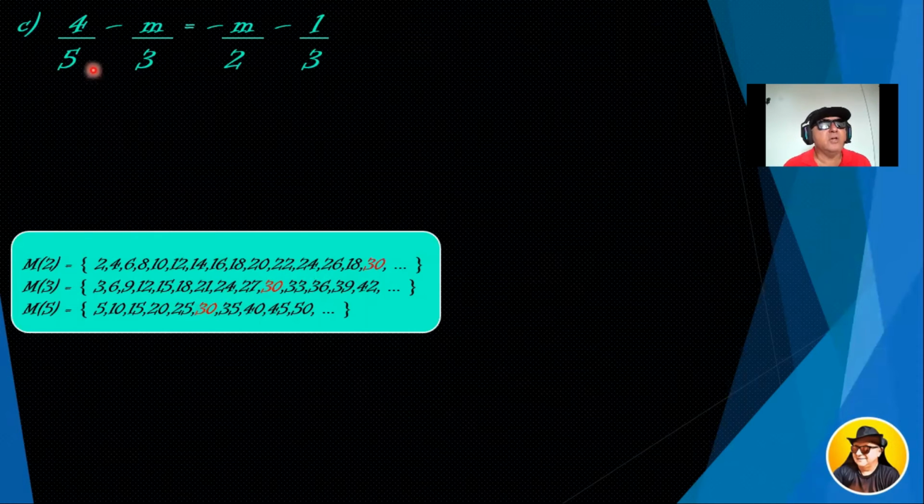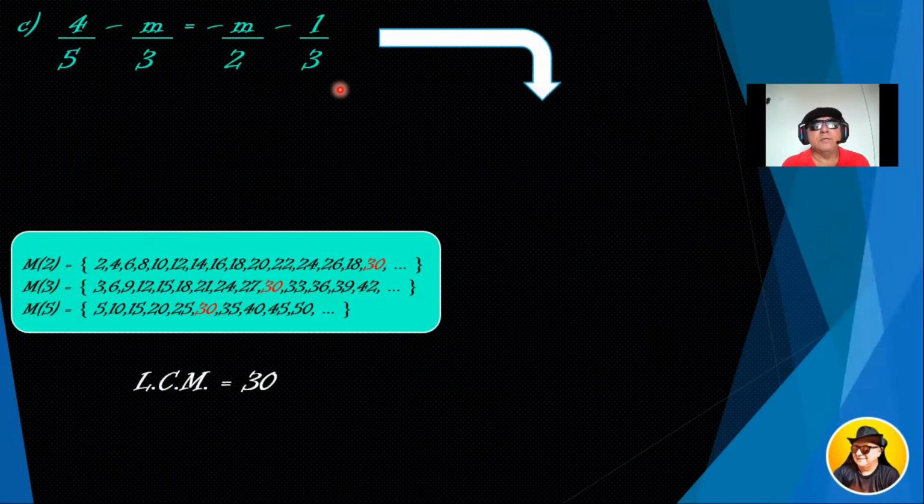Okay, so how many fractions do I have? 1, 2, 3, 4 fractions. So let's organize 4 new fractions. LCM is 30, so 30 is already the denominator of the new fractions. Let's get the numerators, according to what I have told you 2 times already.